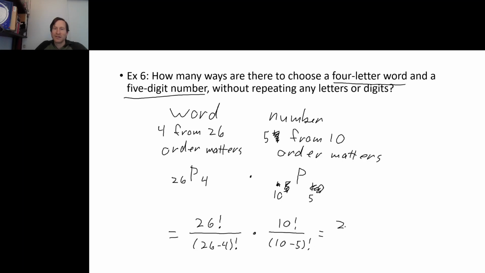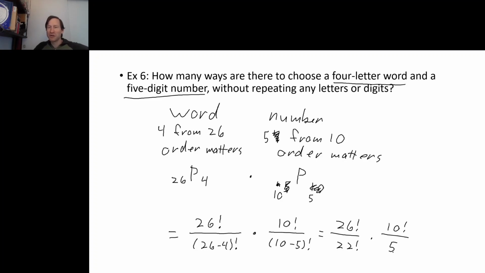So this is 26 factorial over 22 factorial times 10 factorial over 5 factorial.